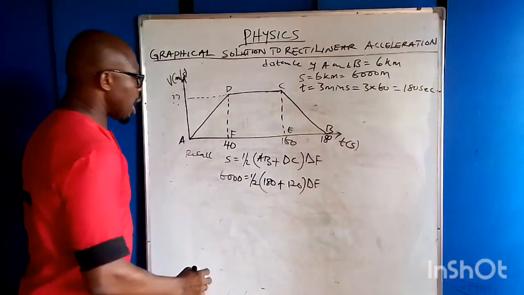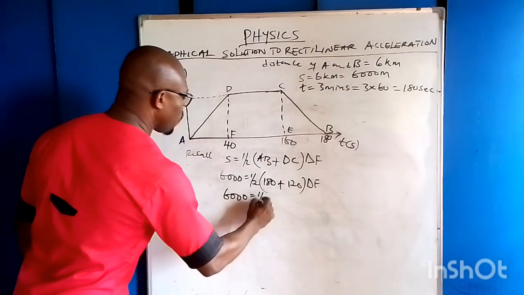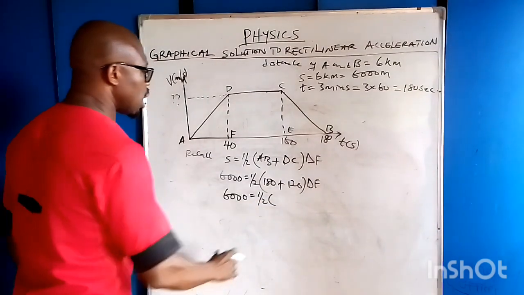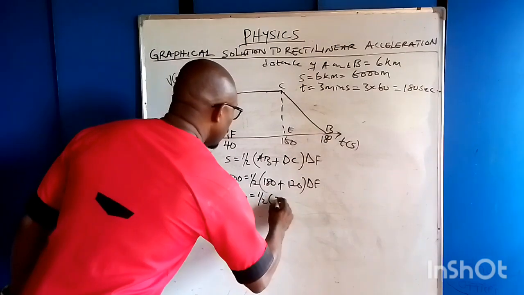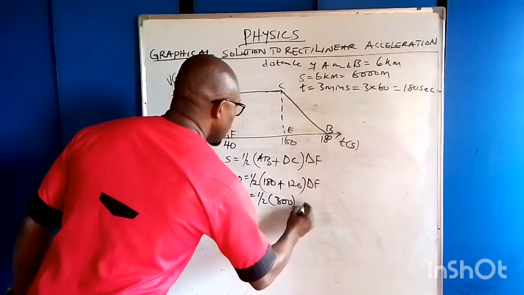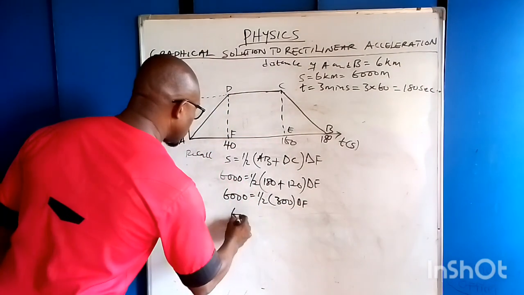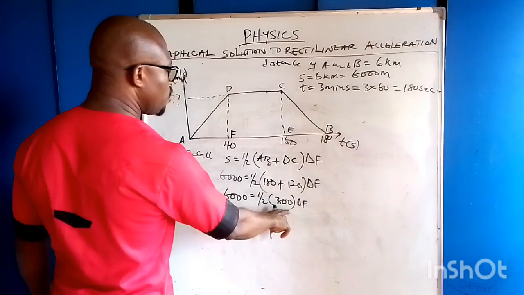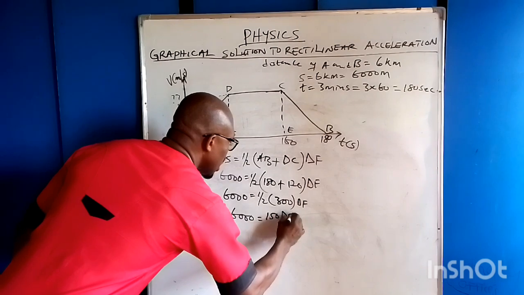Now we have 6,000 is equal to half into 180 plus 120, which gives us 300. 300 times DF. Half times 300 is 150, so this gives us 150 DF.